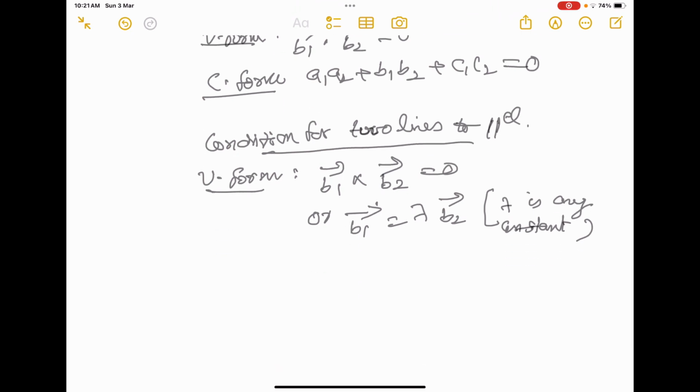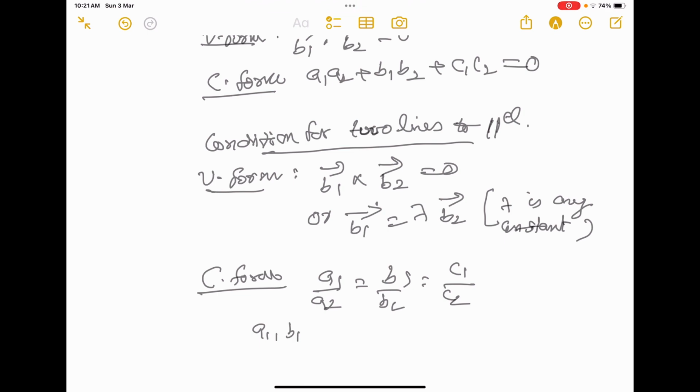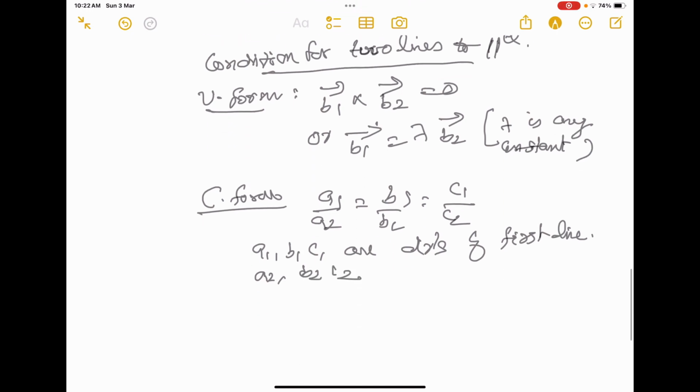In Cartesian form, a1 by a2 equal to b1 by b2 equal to c1 by c2, where a1, b1, c1 are direction ratios of the first line, and a2, b2, c2 are direction ratios of the second line.